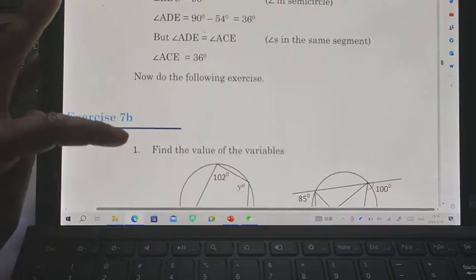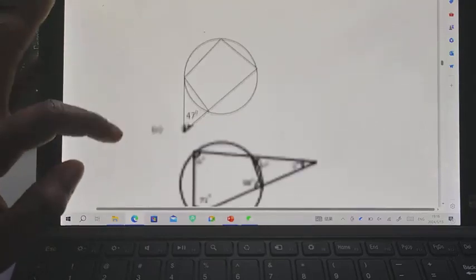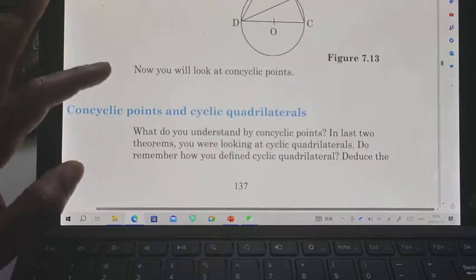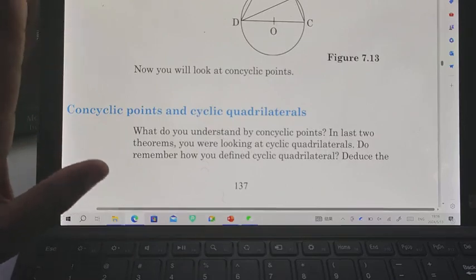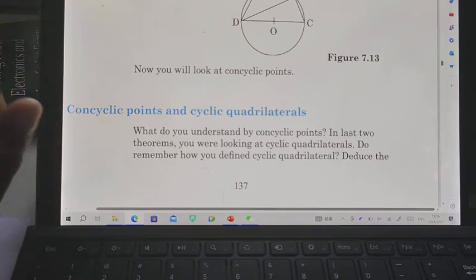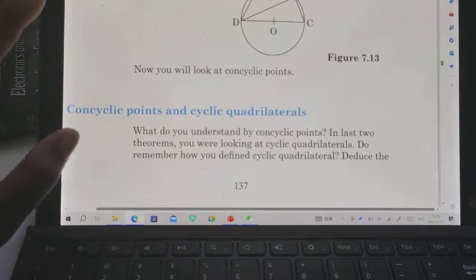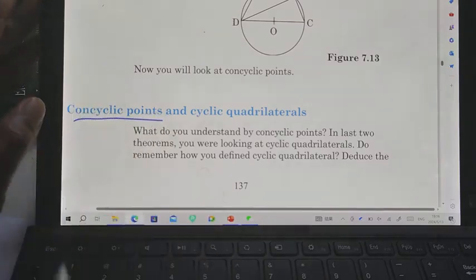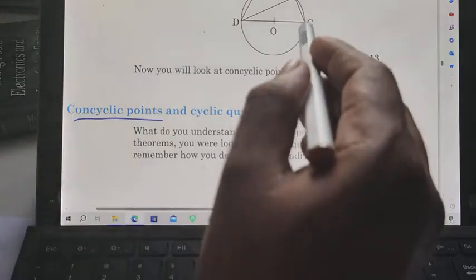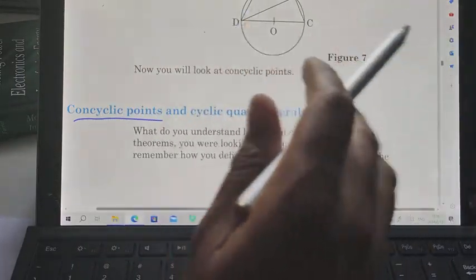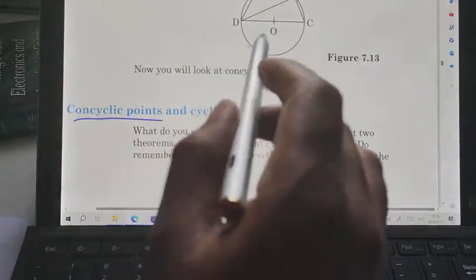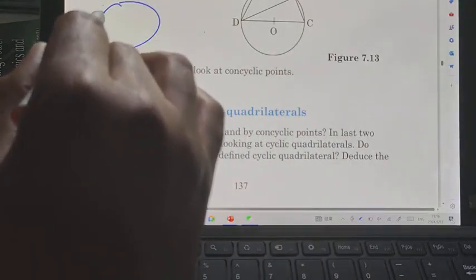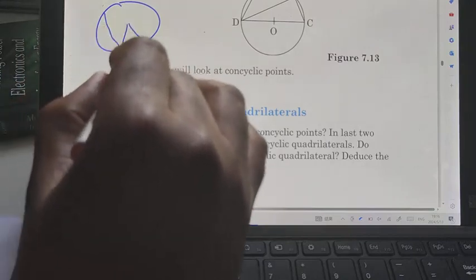So we'll look at another section immediately under circle geometry. We have form 3, this is concyclic points and cyclic quadrilaterals. When we talk of concyclic points, they are just points of any figure, of anything, and those points should lie along the circumference.